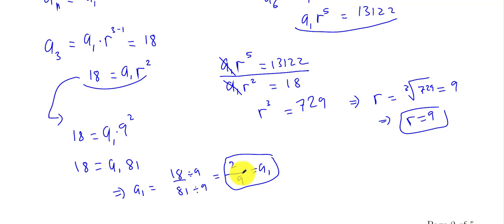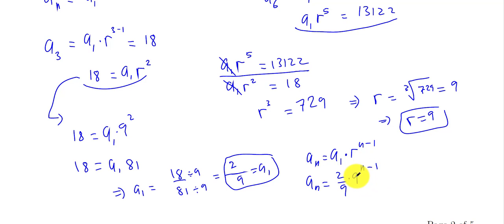Okay, so I have a1, I have r. I can use the general formula an equals a1 times r to the n minus 1 power, and an equals a1, 2 over 9, r is also 9, to the n minus 1 power.